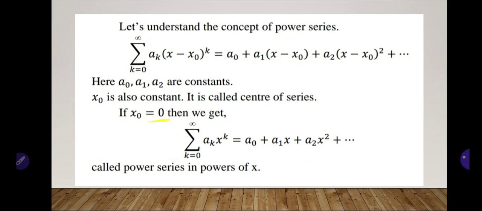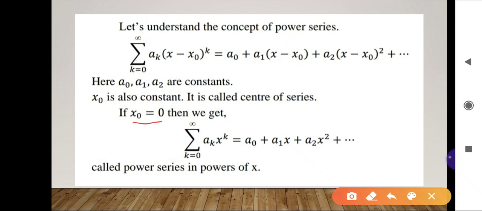Now if the value of x0 is equals to 0, then this series will be simplified as summation k varies from 0 to infinity ak into x raised to k, is equals to a0 as it is, plus a1 into x, plus a2 x square plus dot dot dot. So this is called the power series in powers of x.